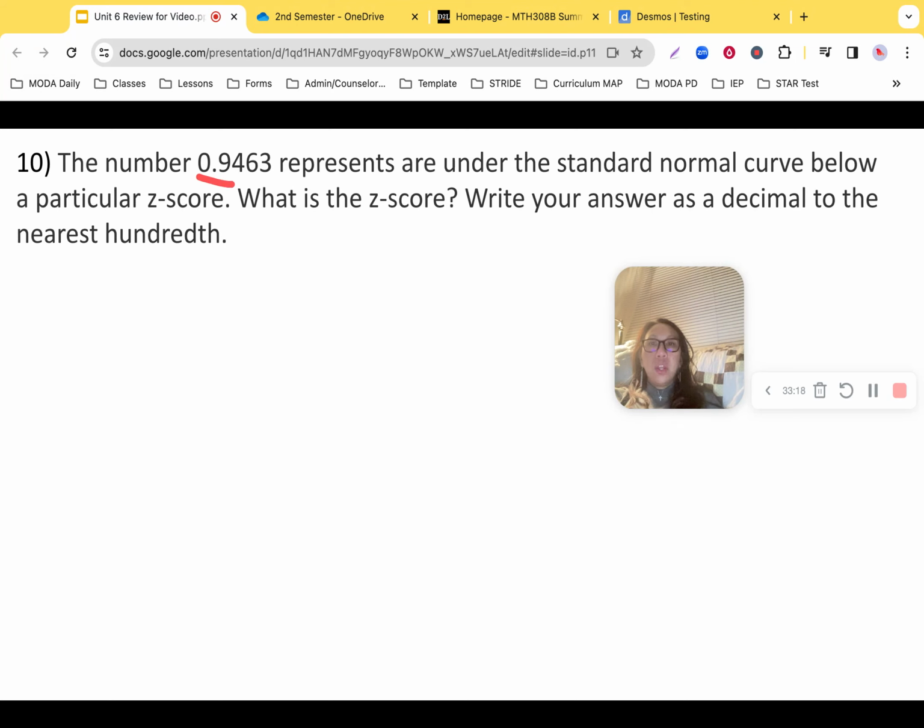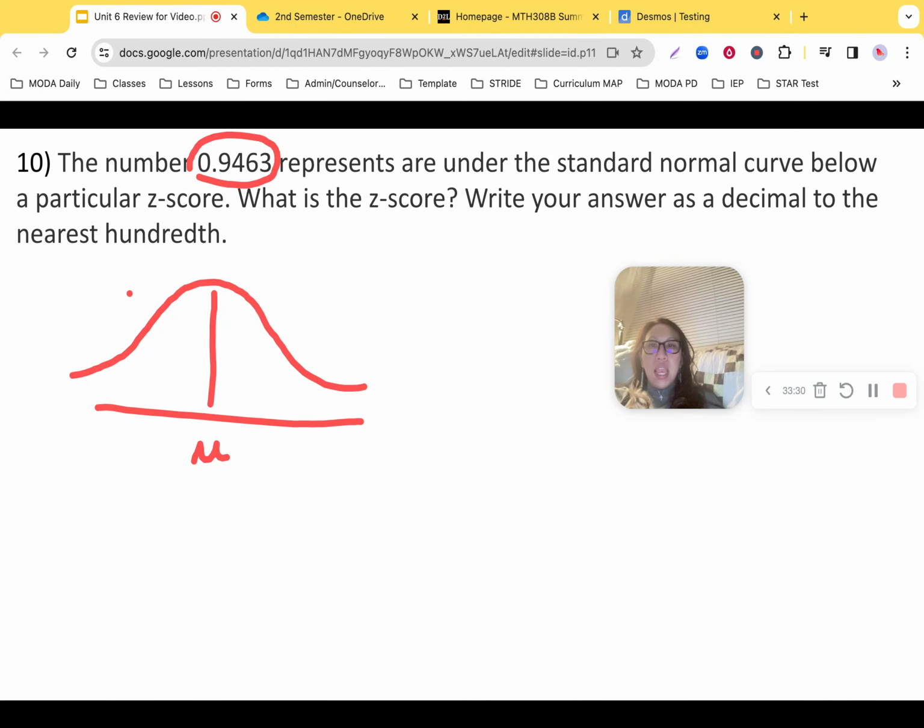Now, I know that this z-score would be a positive z-score, because if you're looking at the standard normal curve, if this is your mean and this is below 50%, that would be negative. And we're looking at 94%.